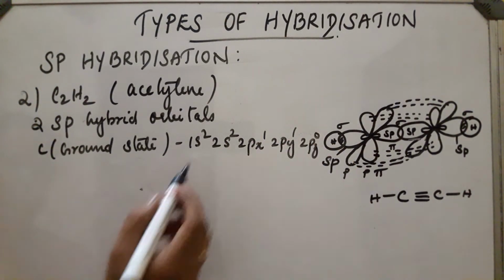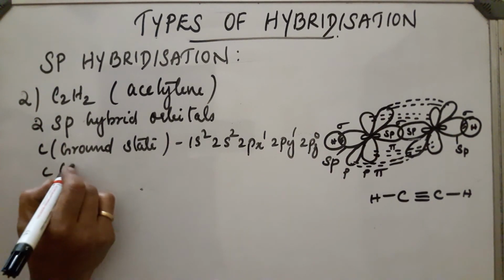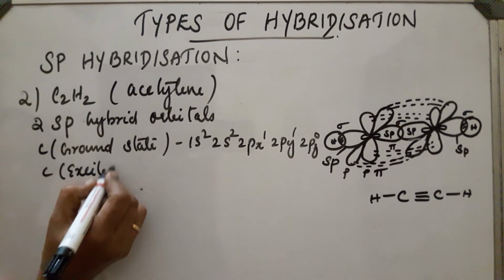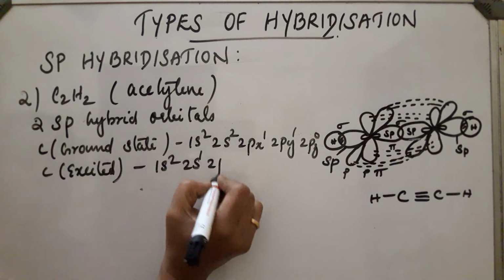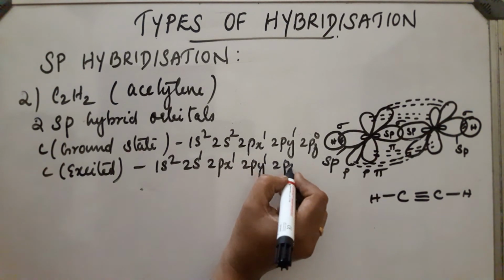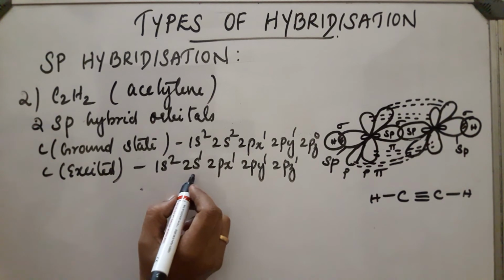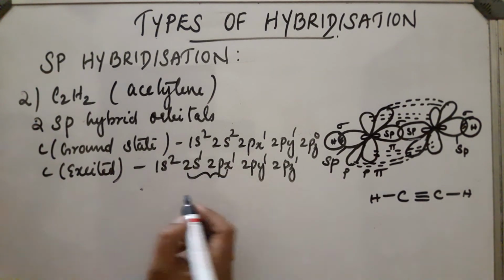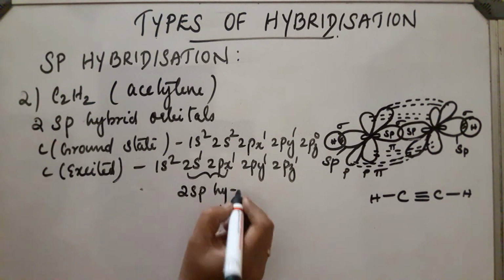In the excited state, one electron from 2s shifts to 2pz: 1s2, 2s1, 2px1, 2py1, 2pz1. So it is sp hybridized: one s and one p orbital hybridize and form two sp hybrid orbitals.